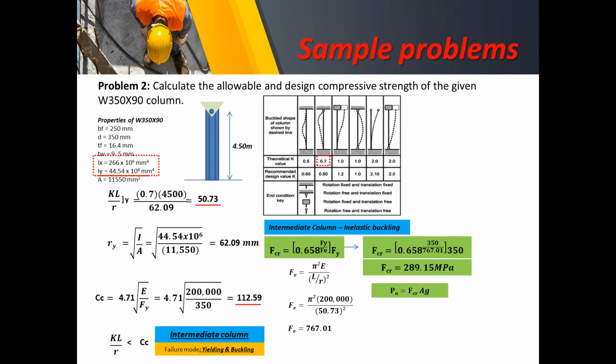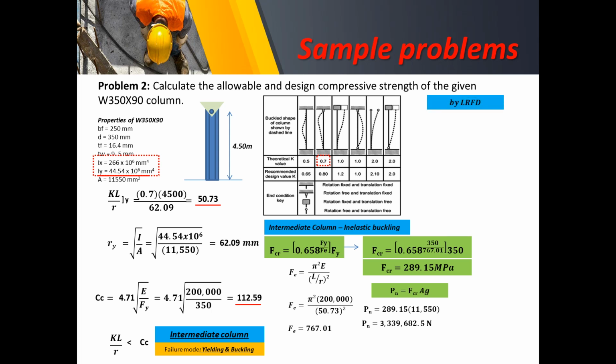Hence, for the nominal load, we have Fcr times Ag. So we have 289.15 times the area of 11,550, and we have 3,339,682.5 newtons.